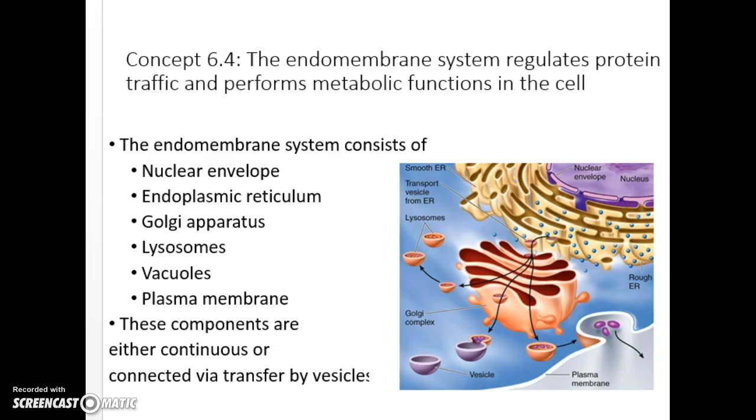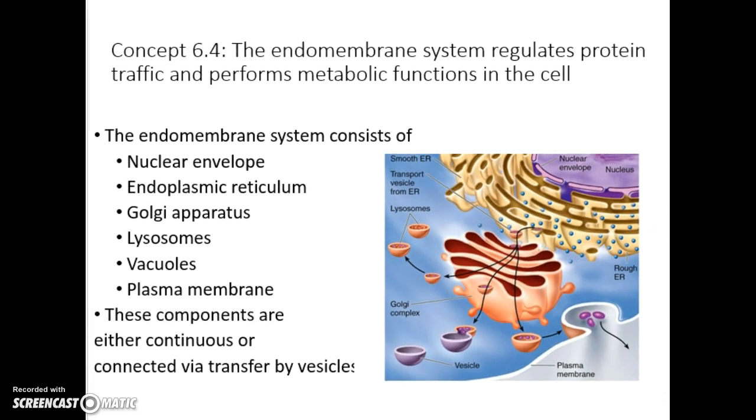Okay, so a concept that perhaps you haven't heard about in previous biology classes is the endomembrane system. So the endomembrane system is very involved in regulating protein traffic, and it's also involved in the metabolic functioning of a cell. So essentially, what a cell is about is going to be controlled by this endomembrane system.